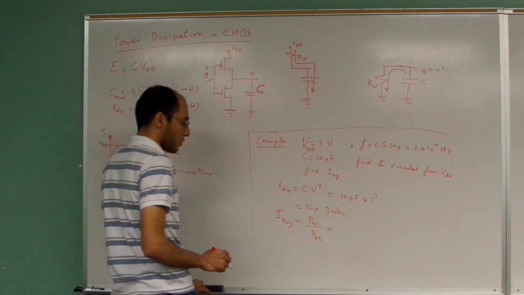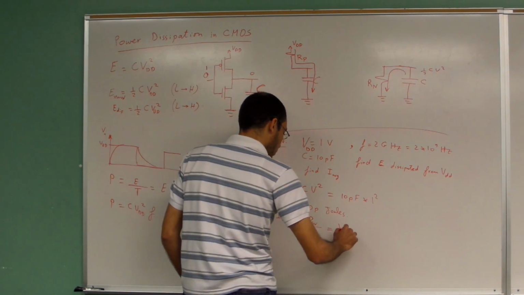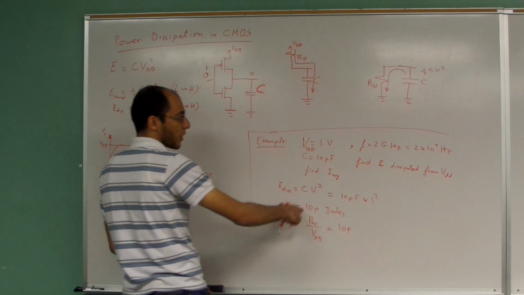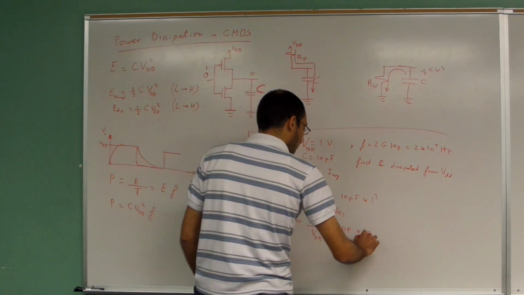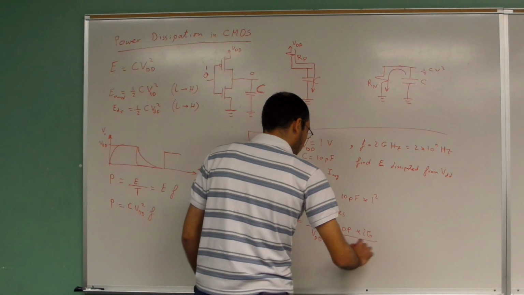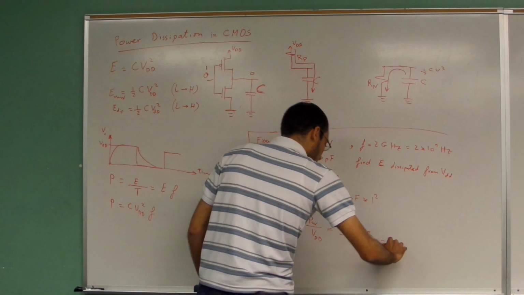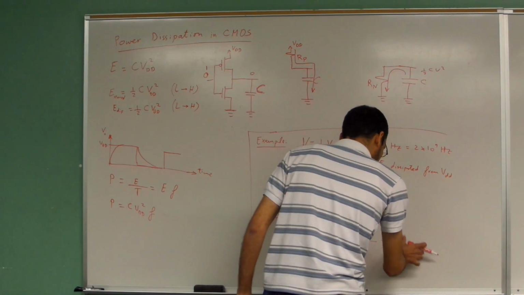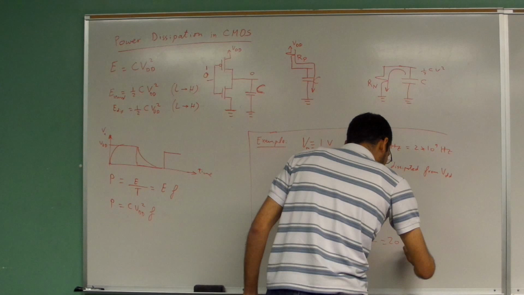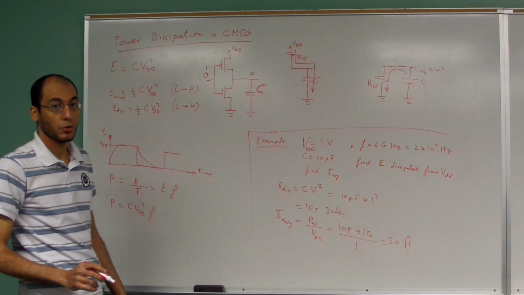And this is 10 picojoules, which is the energy, multiplied by the frequency, which is 2 giga, over VDD, which is 1. So that's equal to 20 watts, 20 amperes. This is equal to 20 amperes.